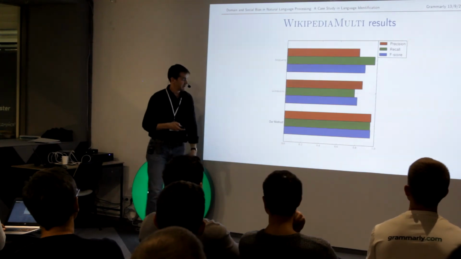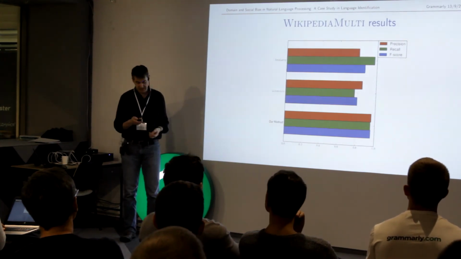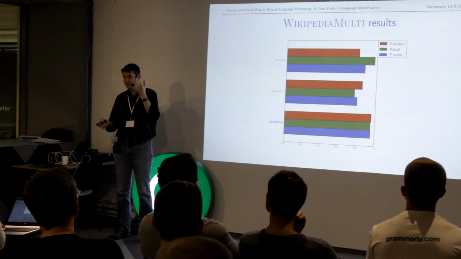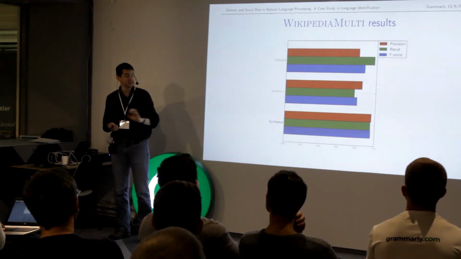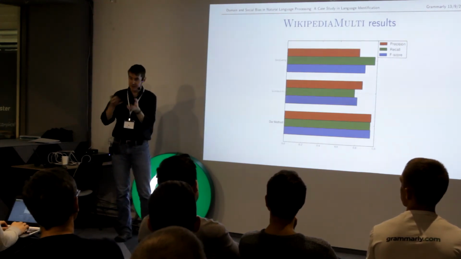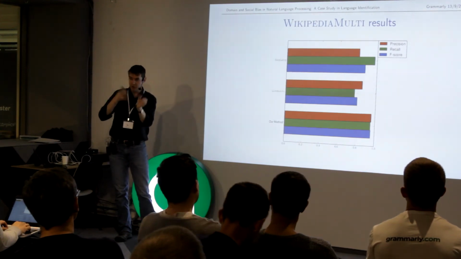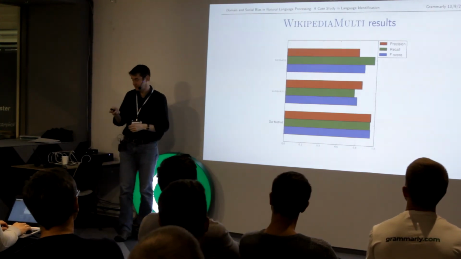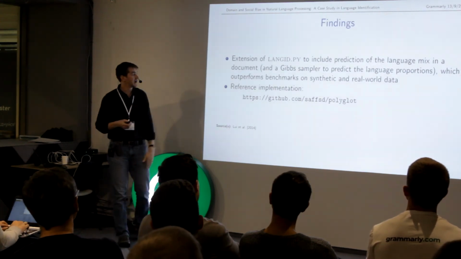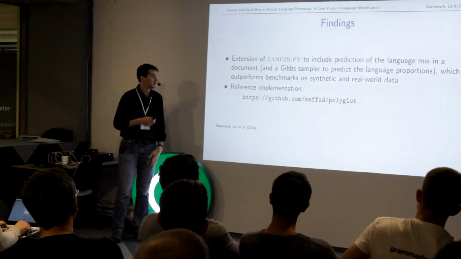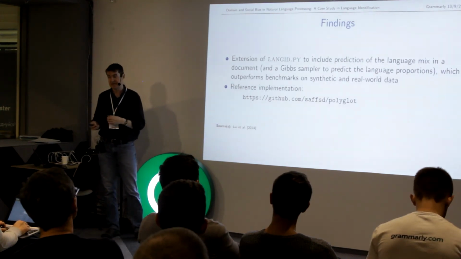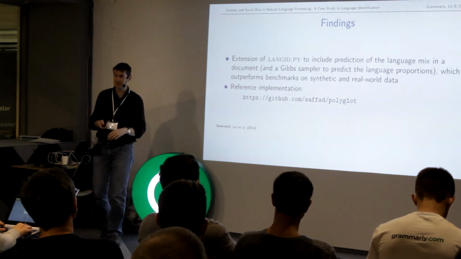So this is a comparison to other methods, and it does reasonably well based on a synthesized data set of different mixes of 1 to 5 languages, with precision, recall and F-score in terms of the token counts or the byte counts in the respective languages. Okay, so this is an extension of the original lang_id.py, it's something called polyglot, to do this language mixture distribution, so that we've relaxed our assumption about all documents being monolingual.